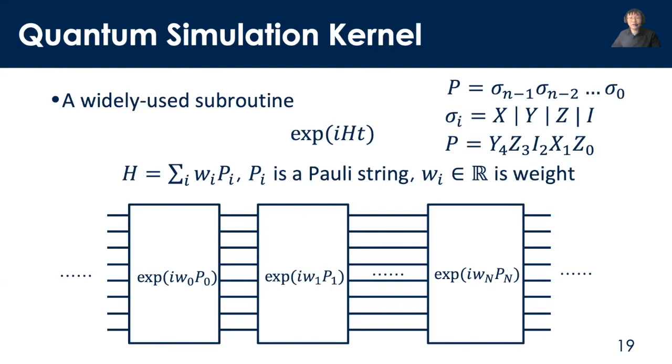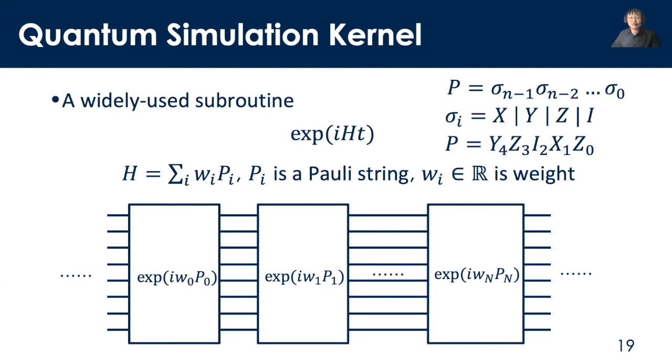This kernel is to implement this operator, e to the power of iHt. t is a parameter, and H is a Hamiltonian operator of the simulated system. To compile this operator, you will see a very long gate sequence in your final circuit.